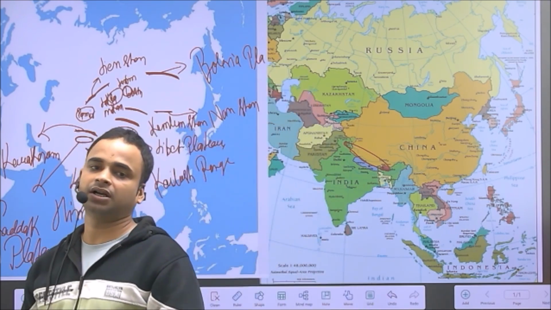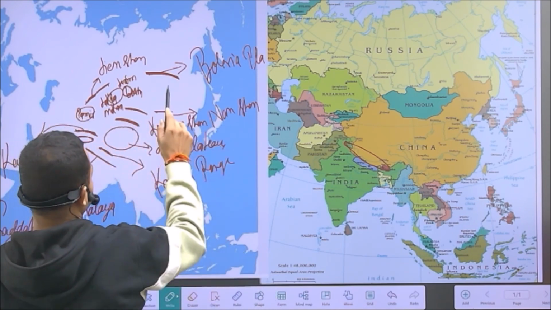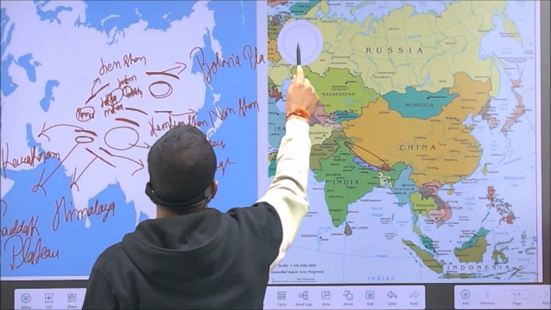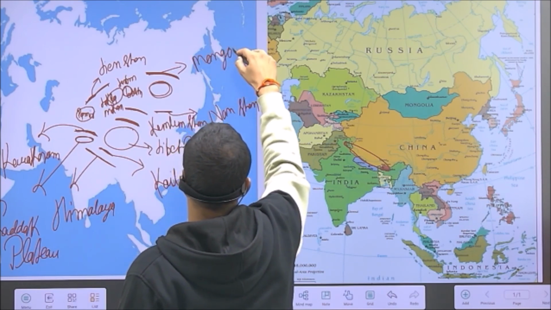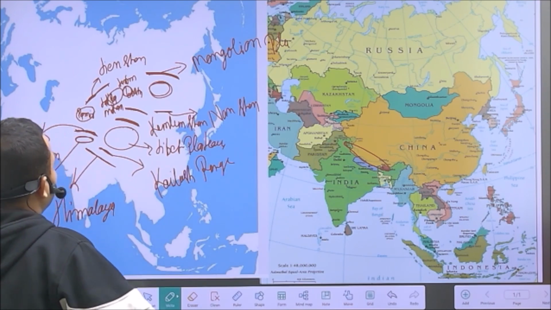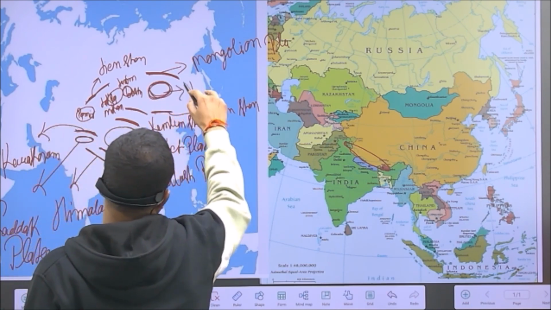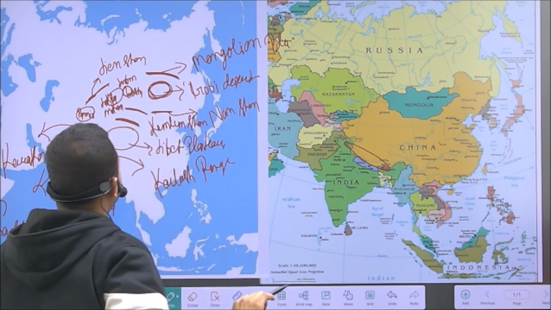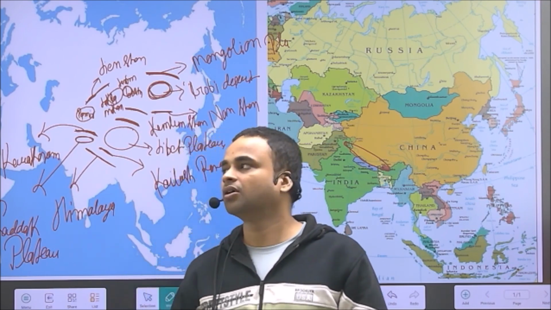Between the Mongolian plateau and Nanshan, you can see one desert which is called the Gobi Desert. So I hope you have understood mountains, basins, plateaus, and deserts of this region.